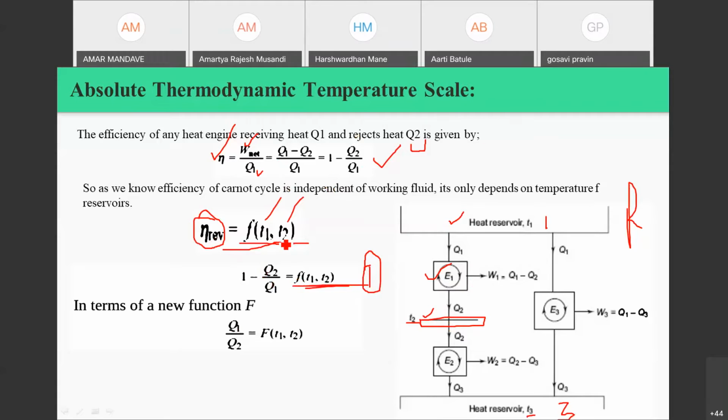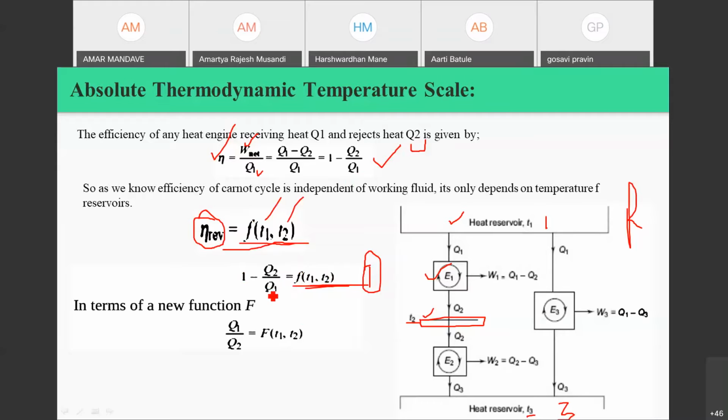And if the efficiency of any reversible Carnot engine is a function of temperature only, then based on those two statements, we can write the efficiency of the reversible engine, that is 1 minus q2 upon q1, as equal to a function of the temperatures T1 and T2. Now we have to find the term q1 upon q2.